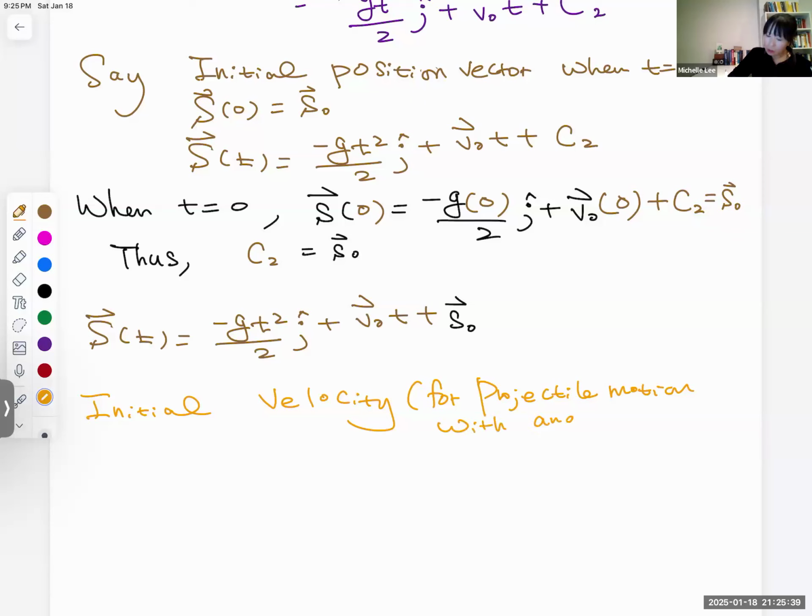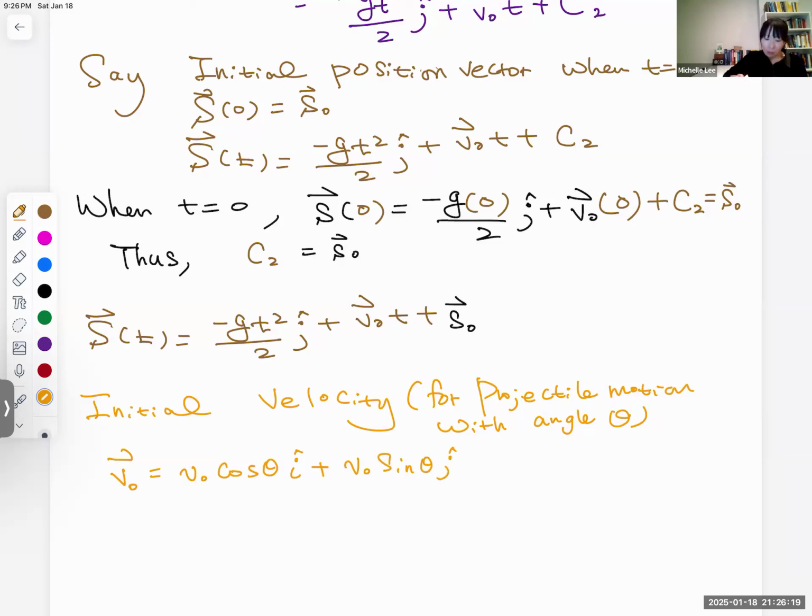with angle theta. Okay, so V naught equal to V naught cosine theta i hat plus V naught, sorry, sine theta j hat, right?